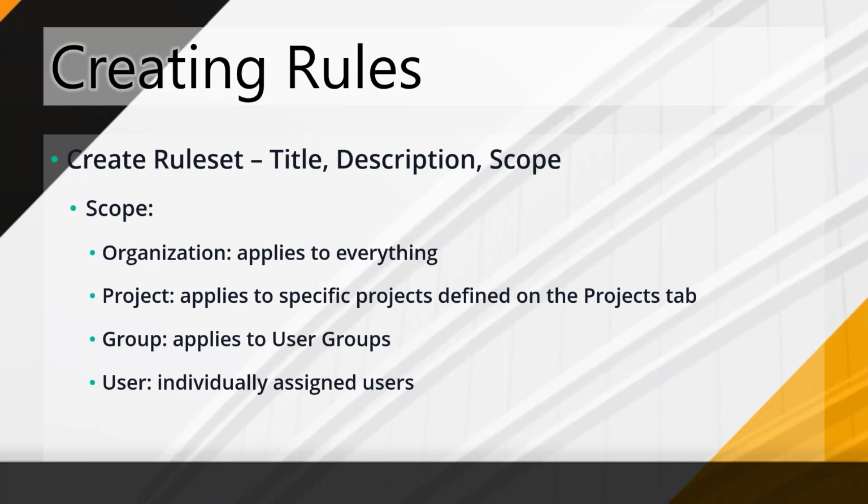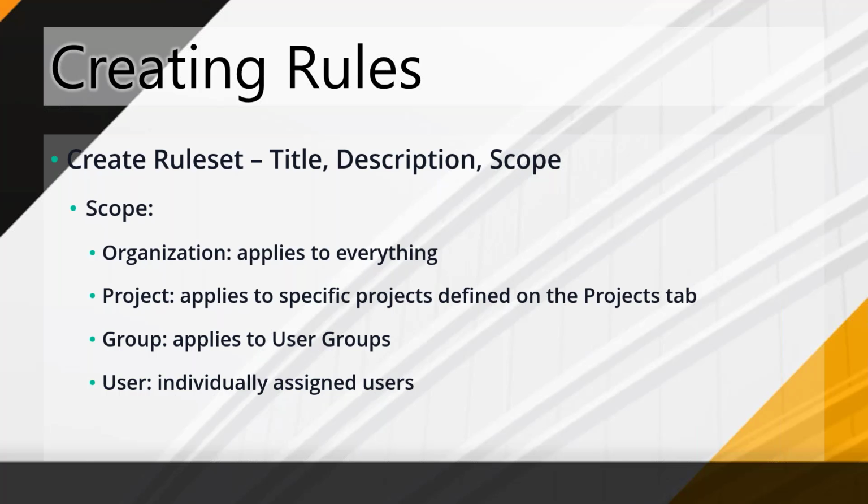Is it to a project, which allows you to pick a project number that's already predefined from your projects tab if you're using PAL or Project Activity Logger? If you are not using PAL at the moment, you would have to set that project up for standards to be able to have a project specific set of rules.